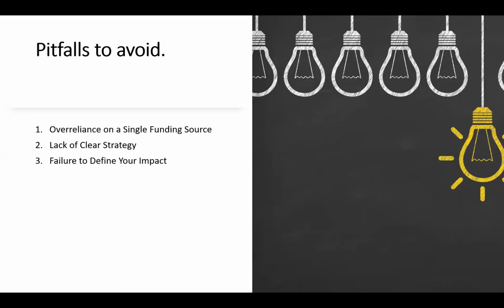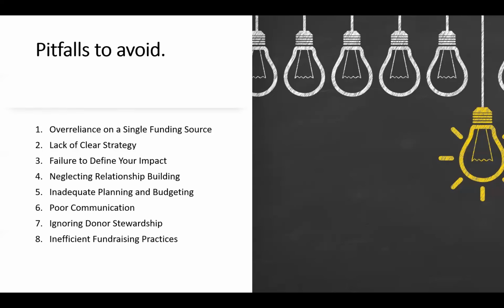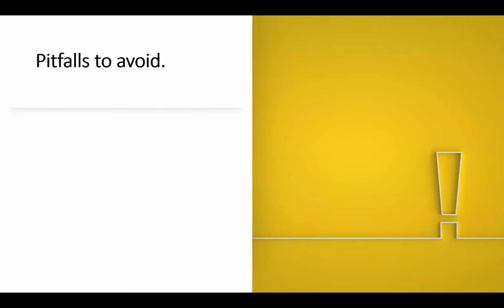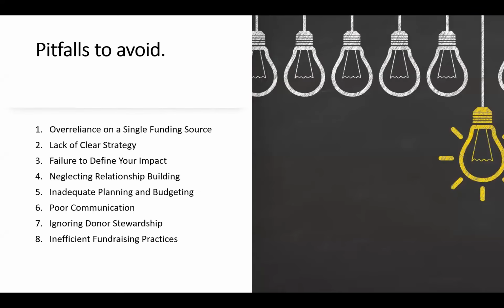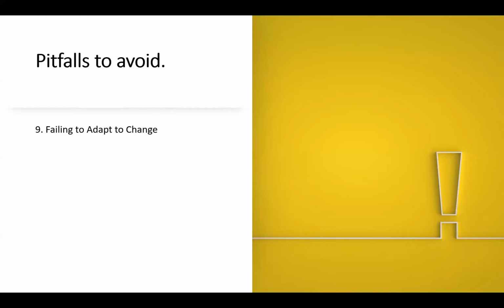Some people lack a clear strategy, so you must have a clear strategy. Failing to define your impact, neglecting building relationships, inadequate planning and budgeting, poor communication, ignoring donor stewardship, which is very, very critical. I told you of the events. Inefficient fundraising practices: you spend a lot of money and then you don't get a good return on investment.